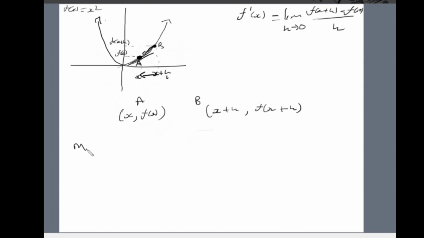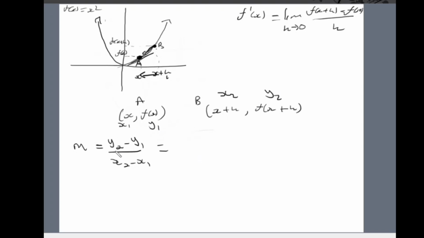Let's say the gradient between A and B equals y2 minus y1 over x2 minus x1. Let us pick point B as our x2 and y2, and point A as our x1 and y1.